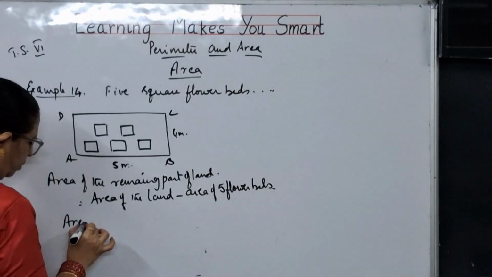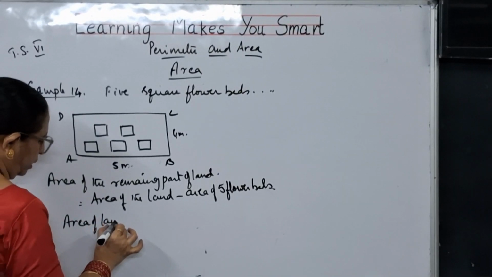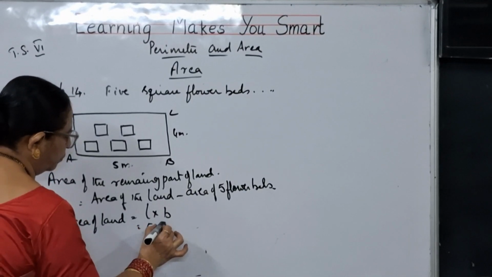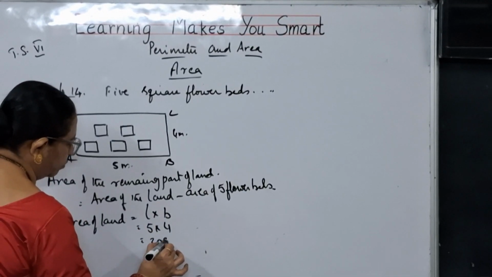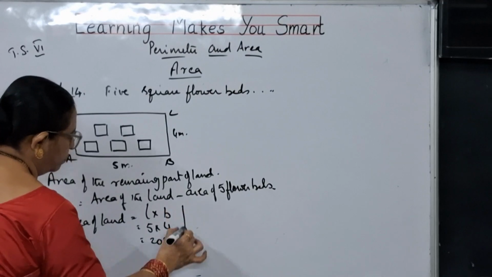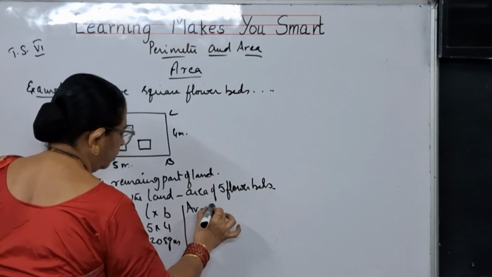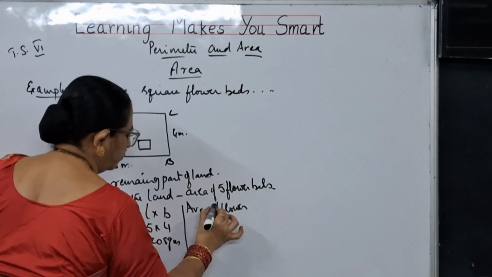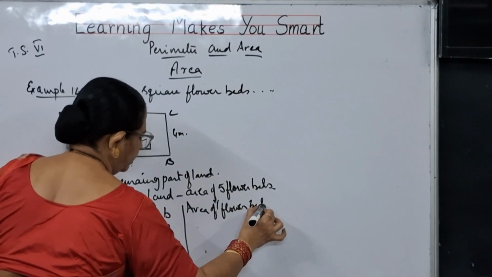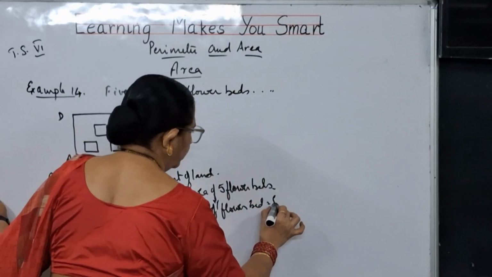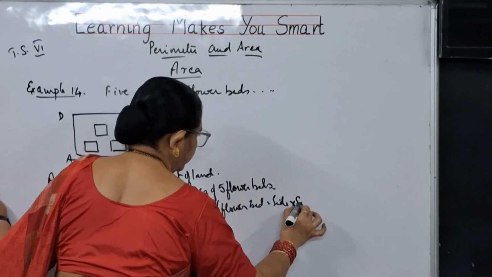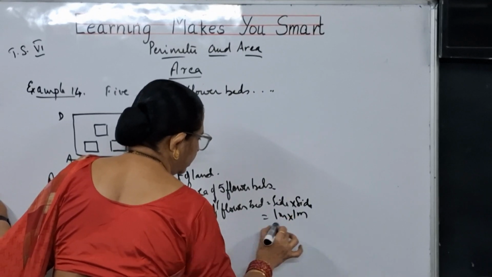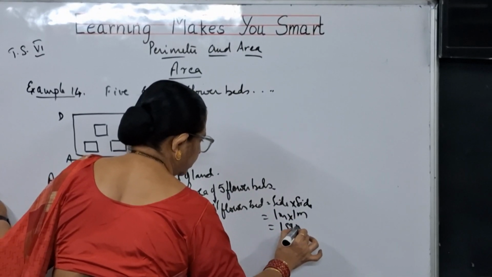So what is the area of land? Since it is a rectangle, area of land is L into B, that is 5 into 4, that is 20 square meters. Now the area of a flower bed. One flower bed we will talk about. It is nothing but side into side, because it is a square, each one is 1 meter into 1 meter, that is 1 square meter.